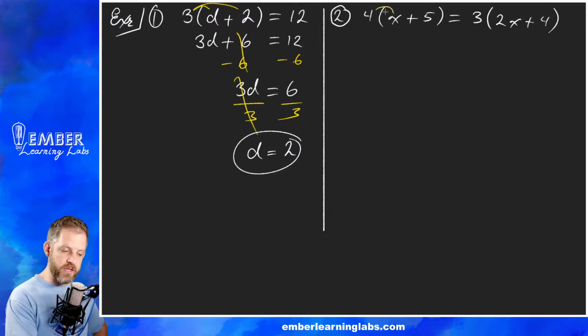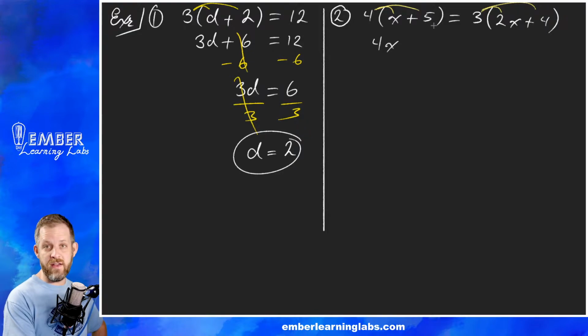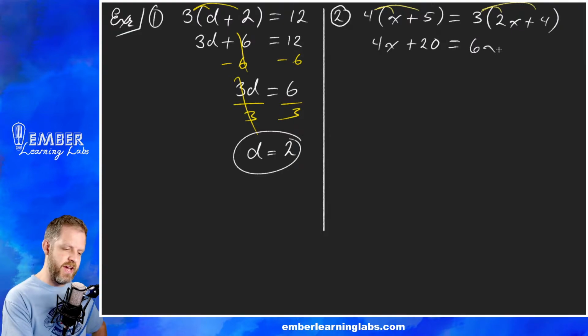We're going to distribute this 4, and then we're also going to distribute this 3. Okay, so 4 times x is 4x. 4 times 5 is 20. Bring down our equals. 3 times 2x is 6x. 3 times 4 is 12.